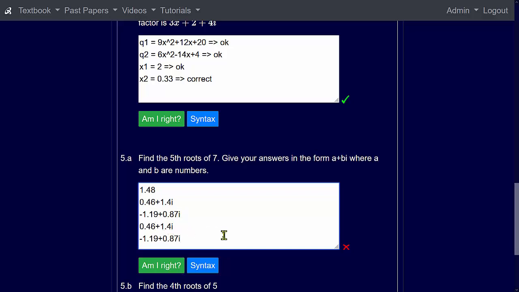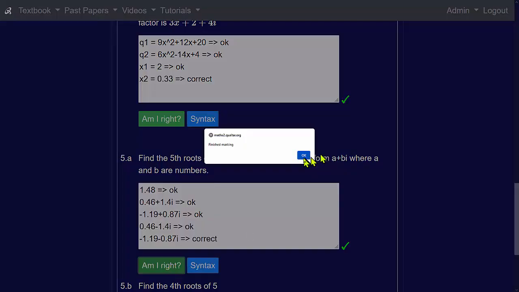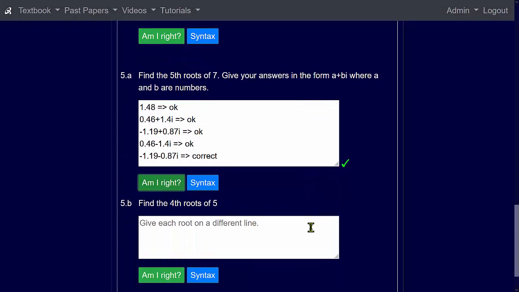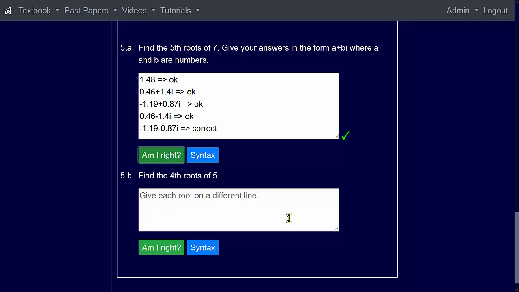So that's going to be a minus, and that's going to be a minus as well. So am I right? Yes, I am.